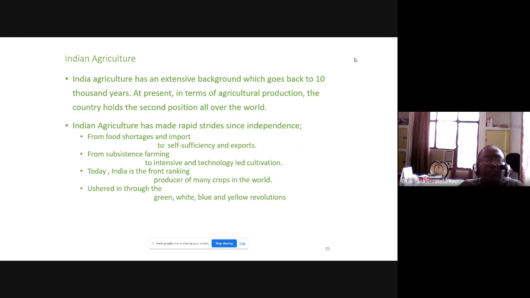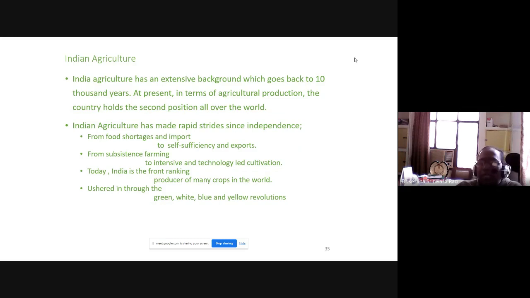In agriculture production, the country holds the second position all over the world. At present, Indian agriculture production is standing at the second place. It has made rapid strides since independence from food shortages and imports, because before independence, a lot of famines had taken place. Due to that, Indian agriculture was not able to feed the Indian population.